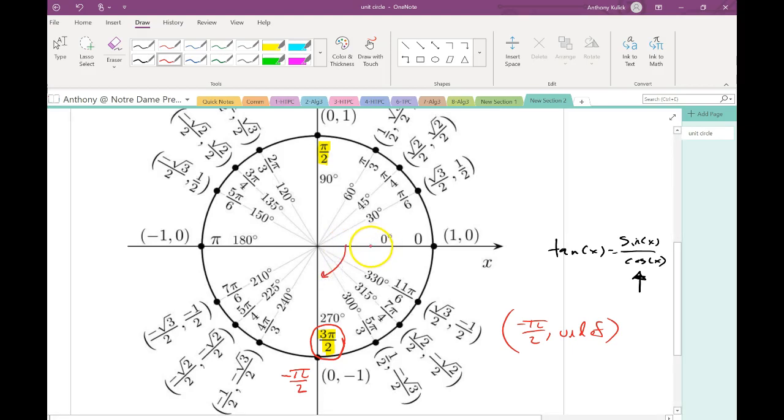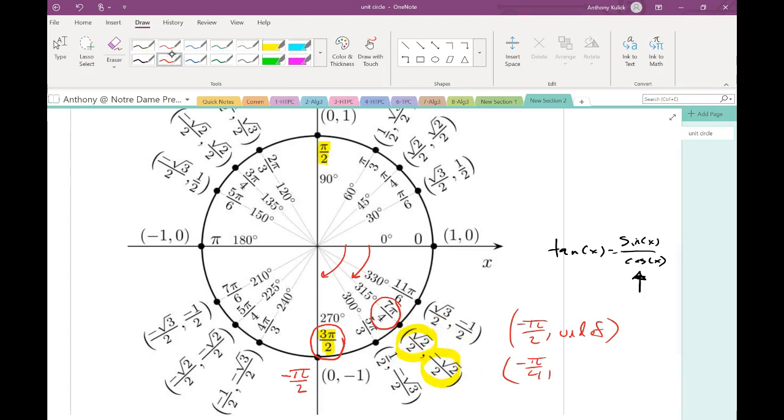Our next key point is going to be here. But it's not 7 pi over 4, because really we're going in that clockwise direction. What angle measure is that actually? Negative pi over 4. And what would the tangent at negative pi over 4 be? Well, it would be the value for sine divided by the value for cosine.